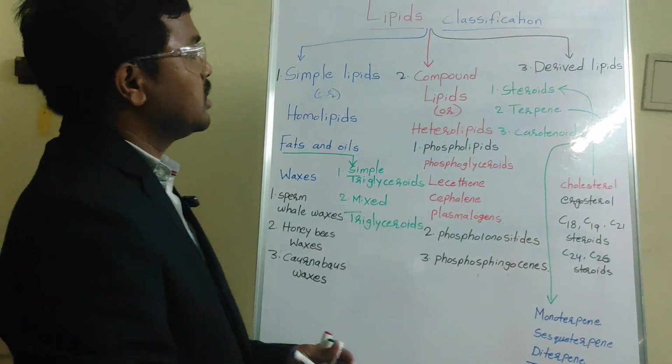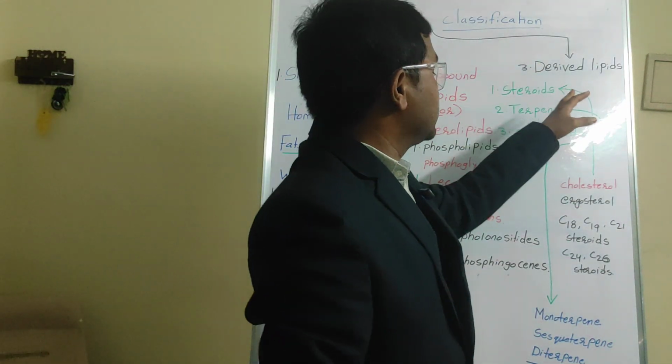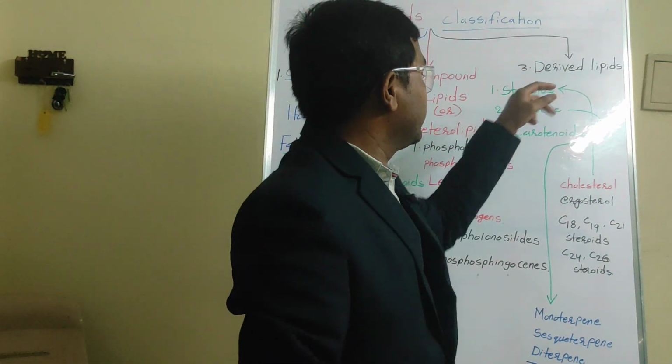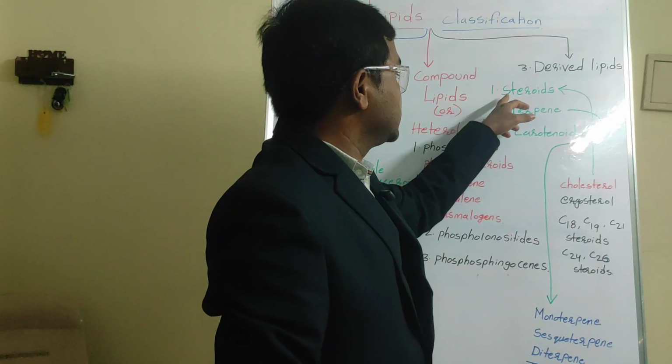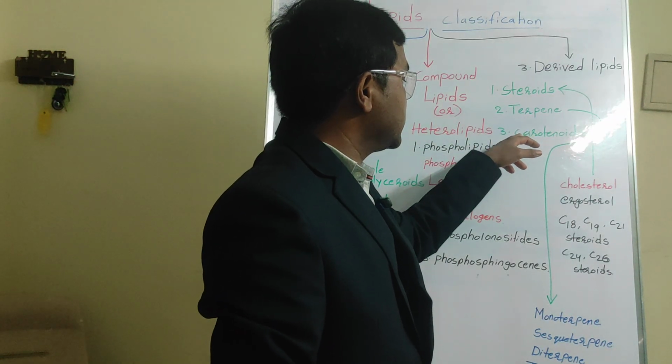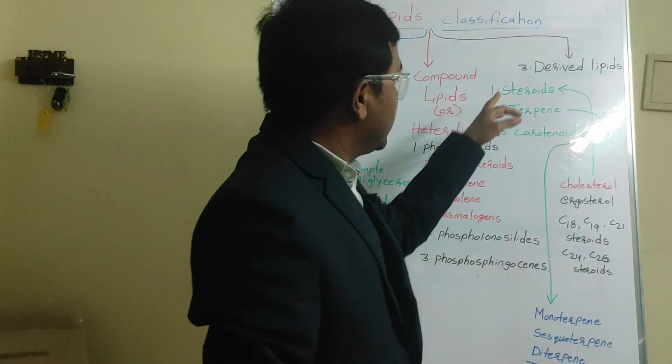Carotenoids, these are derived lipids. Once again I will explain. Derived lipids are three types: steroids, terpenes and carotenoids.